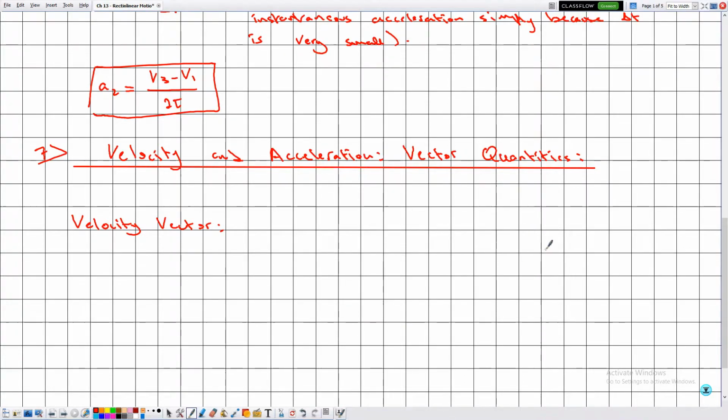Now suppose here we have a solid S, an object S, and the direction of motion. So this solid S is moving from left to right. Now we know that every vector has 4 properties.